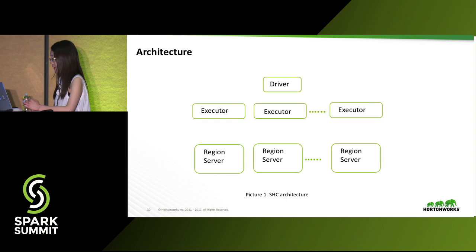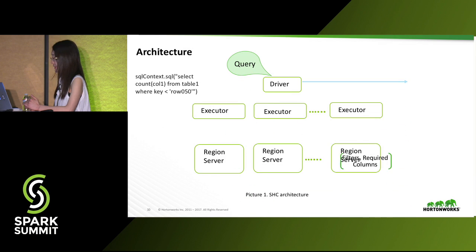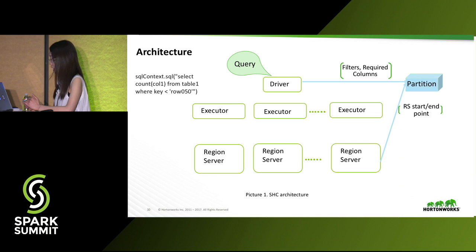So when a query comes in like this, the driver compiles the query. And then we can know the filters and required columns from the Spark Catalyst engine. Based on the region server's metadata, like the region start point and end point, we can construct the RDD partitions. In Spark, as we know, one partition corresponds to one task.